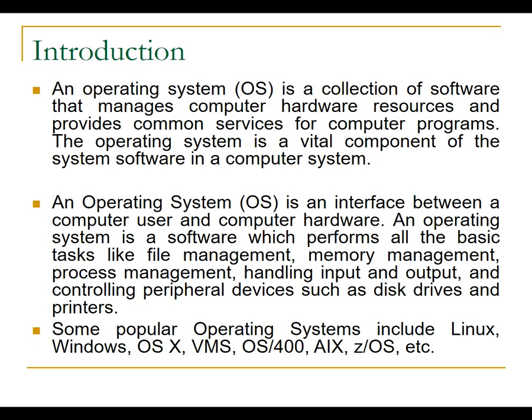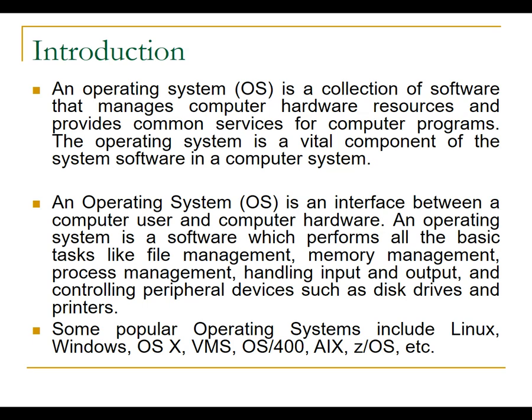Various types of application software you have already learned, like C programming, Java, C Sharp, PHP, and some that you are going to learn in this semester. All these are application software.